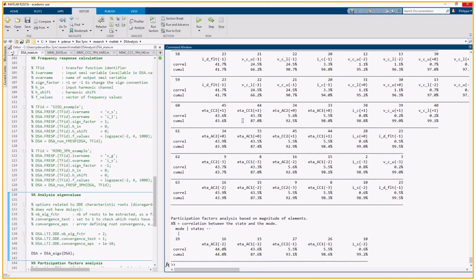So when I don't know where to start, I always go back to see what is available in the DSA structure.